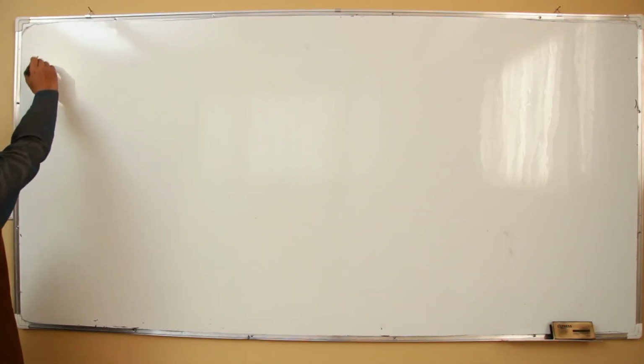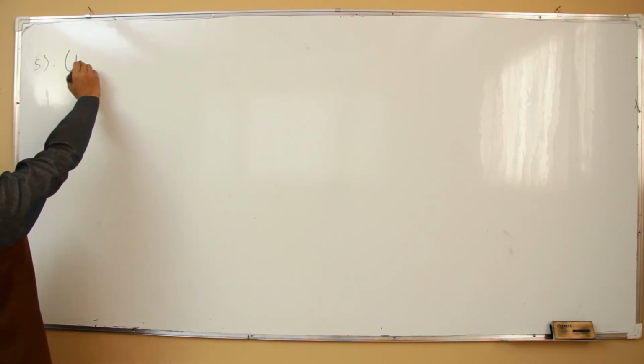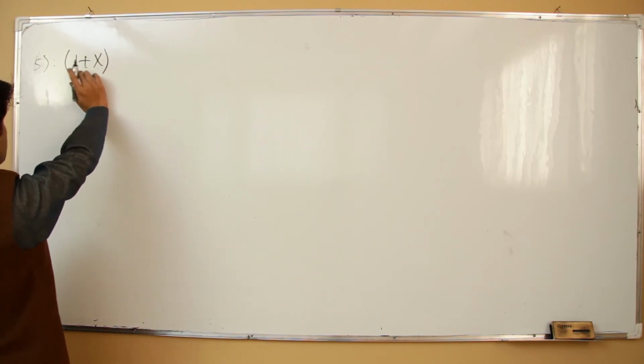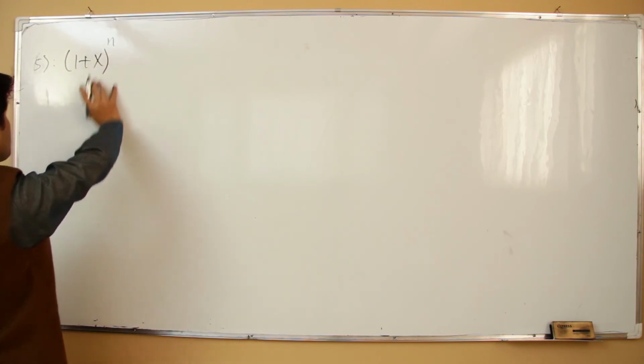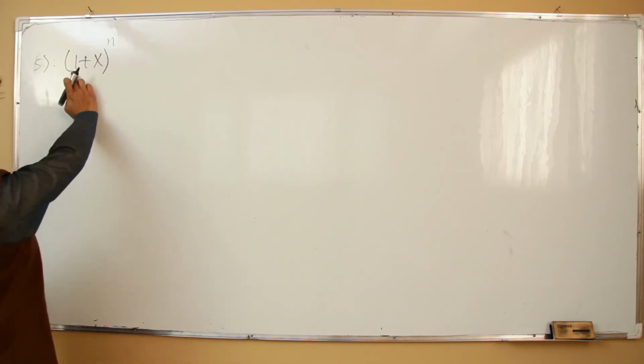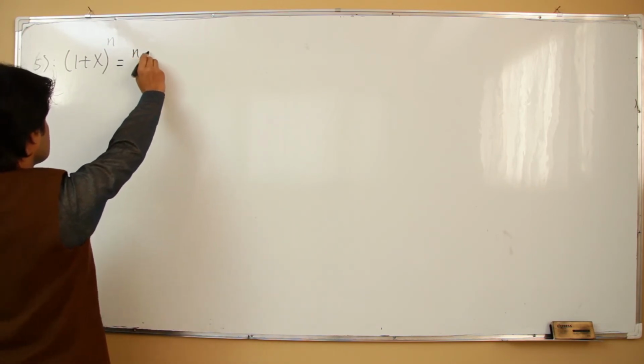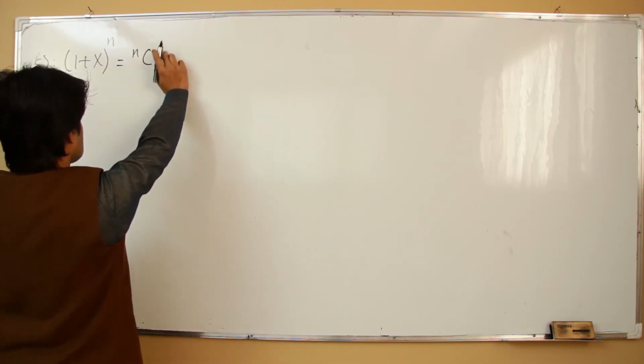Number 5, in particular case. Number 5. If you want to expand 1 plus x raised to the power n, what's the expansion for this one? This is x, this is y. So you have the formula nC0 x to the power n.